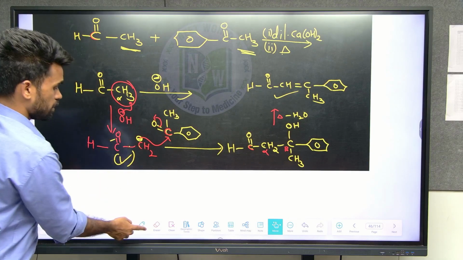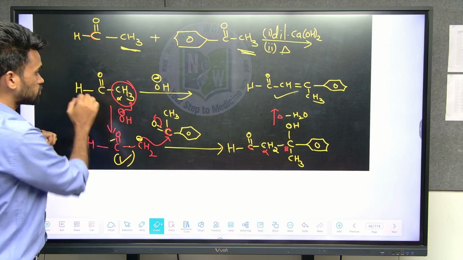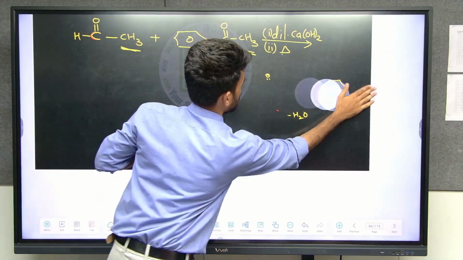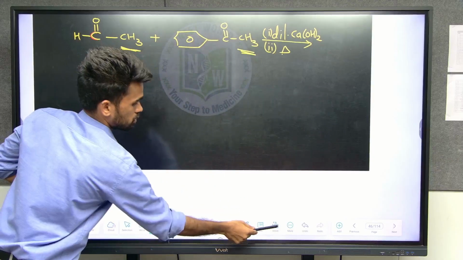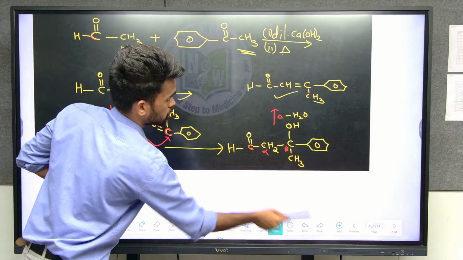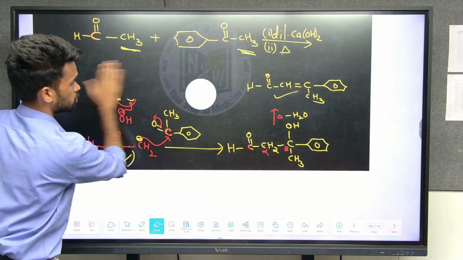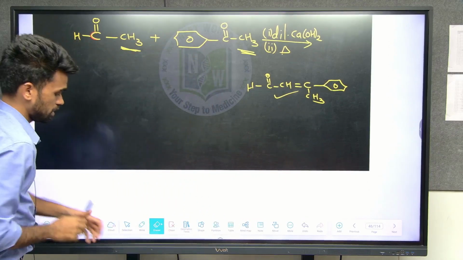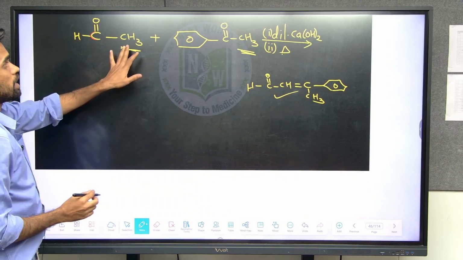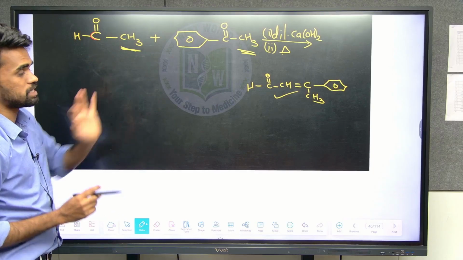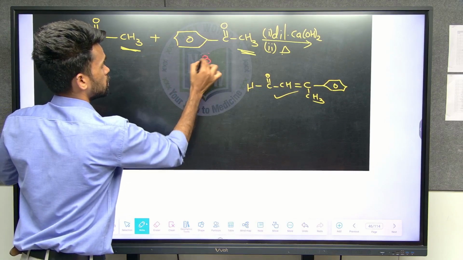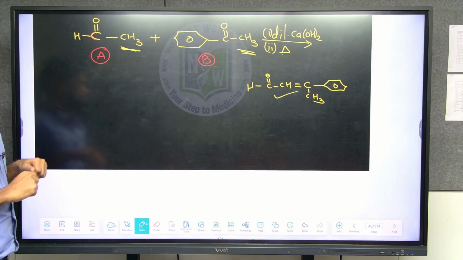See, I am erasing this. That is a final product. Just keep it as a final product, that's it. See, from which compound I have taken alpha hydrogens during this reaction? Out of this, let us say this is AB. From which compound I have taken alpha hydrogens?